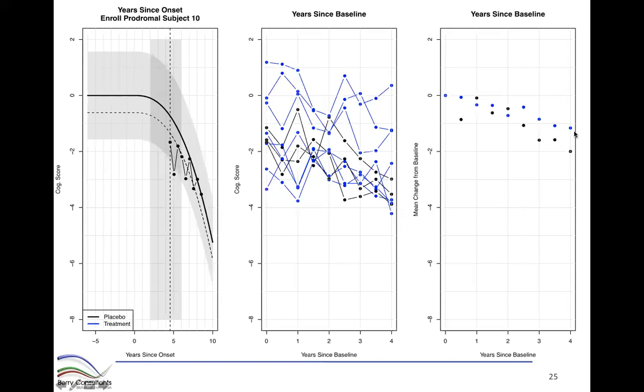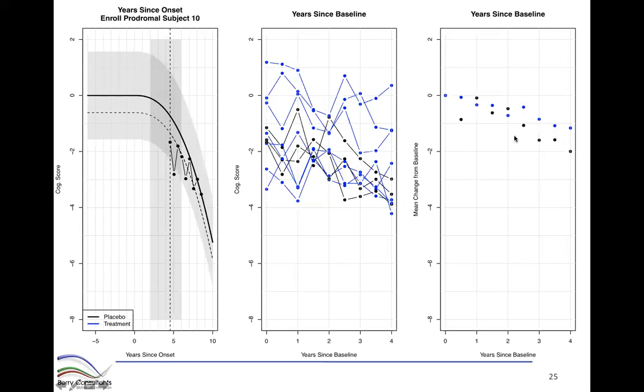Another issue with the MMRM is that although it does take into consideration all of the longitudinal data to estimate random effects for subjects, it really only looks at the magnitude of the difference between treatments and controls at one specific time point, say, at 4 years. However, if you look back, you can see that we have a consistent difference even at 3.5, 3, and 2.5 years.